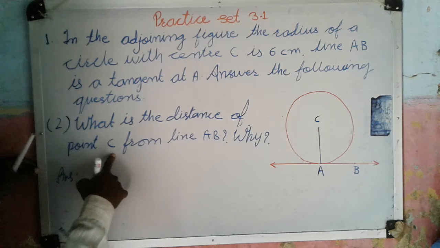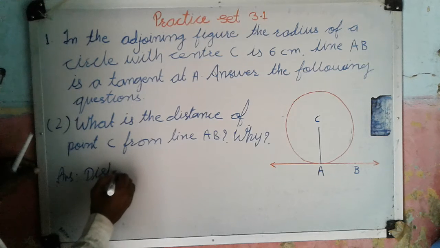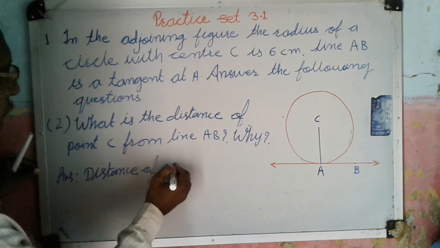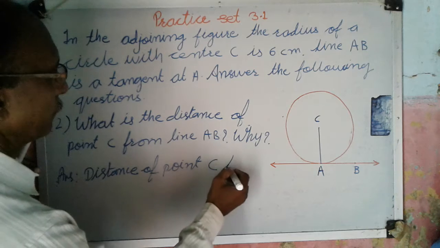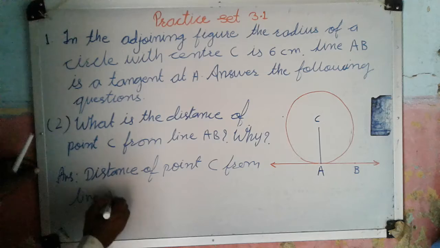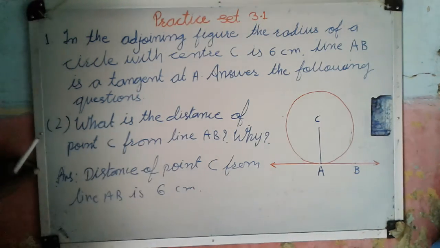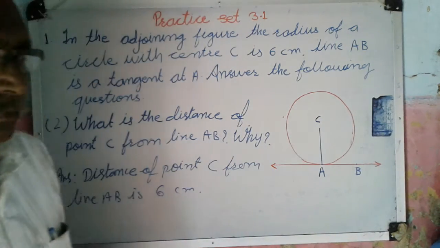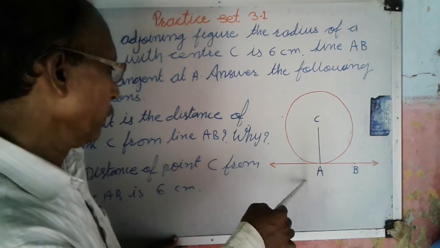distance of point C from line AB is 6 centimeter. And this is a perpendicular distance because this radius is perpendicular to tangent according to theorem.